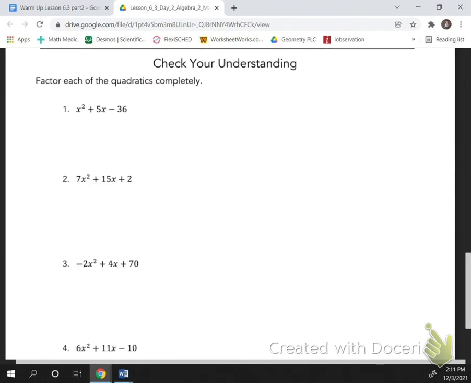Number 1, notice that the A value is 1. So we can go back to the method we were using last lesson, where we have C in the top, negative 36, and our B in the bottom. And now you're thinking about what two things multiply to give us negative 36, but add to give us 5.